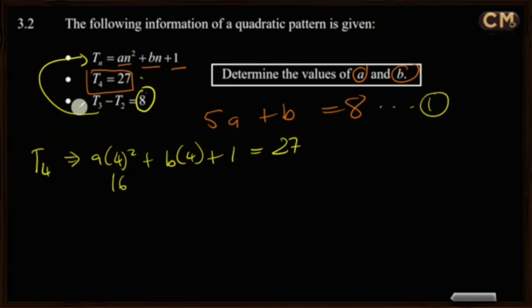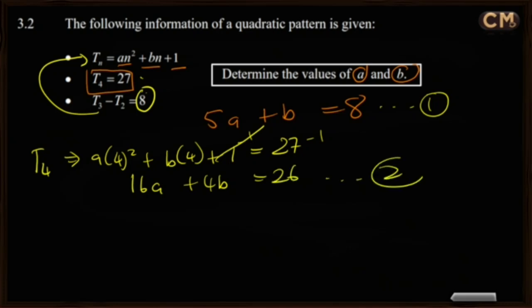That tells us that 16a plus 4b is equal to, subtract 1 from both sides, 26, and that gives us equation 2.